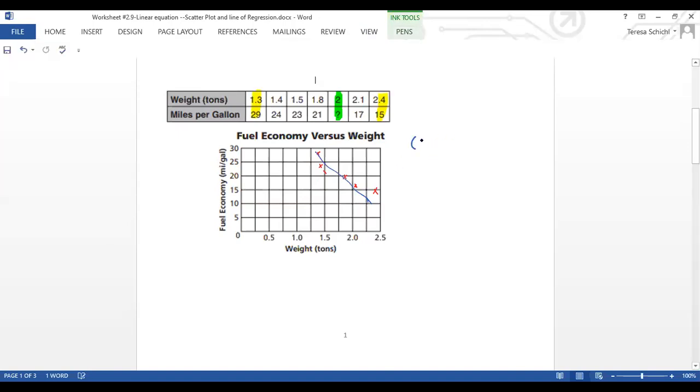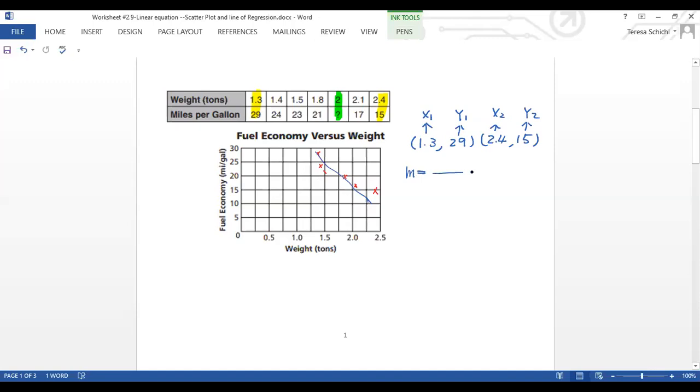My 2 points are 1.3 and 29, and another one is 2.4 and 15. So this is x1, y1, and this is x2, y2. What is the slope here?